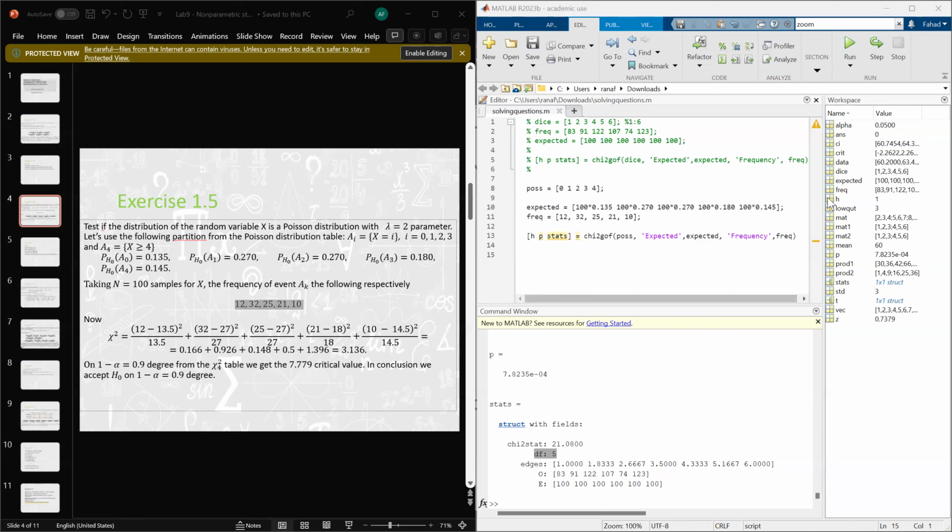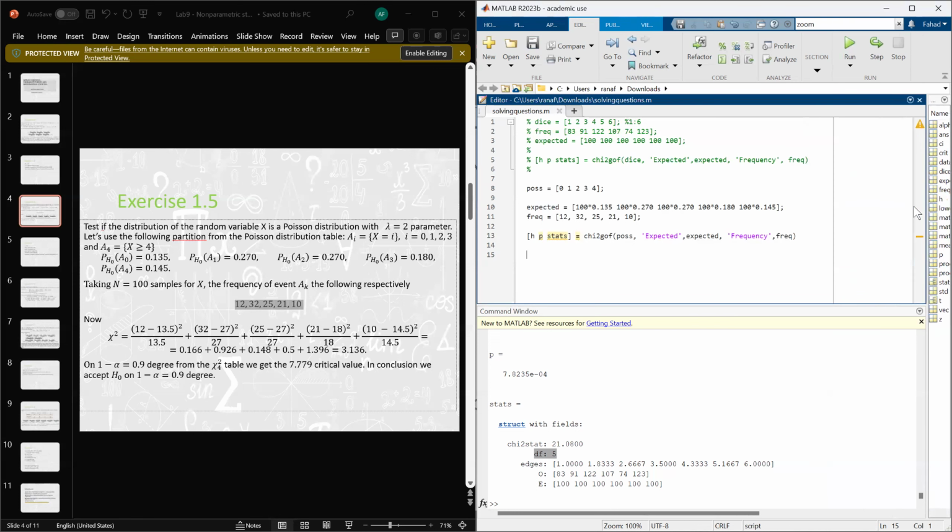No, if you can see here, I use the exact same syntax for the chi-square test if it's a uniform distribution, exact same syntax if it's a Poisson distribution. The only difference is how we find the expected array.